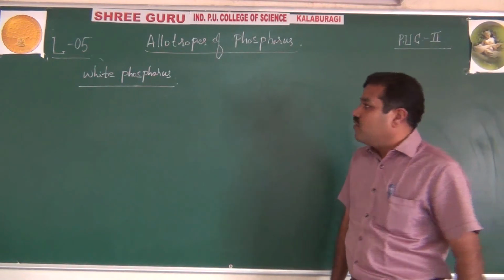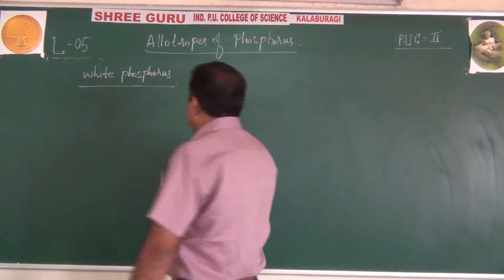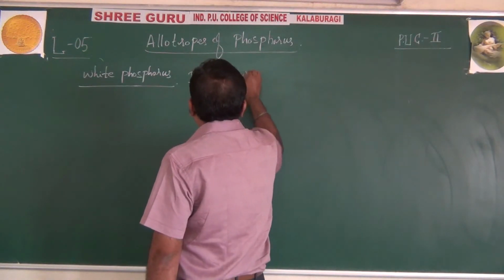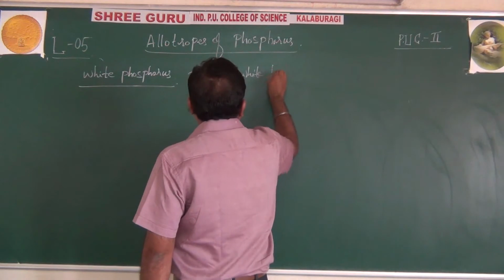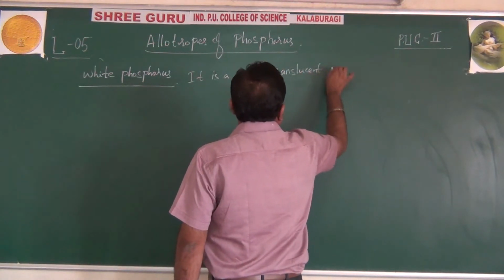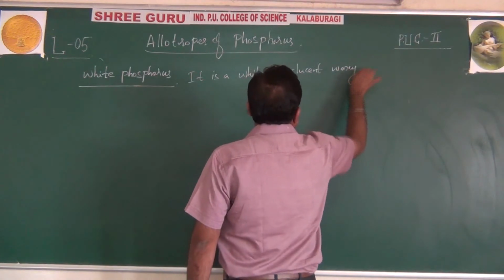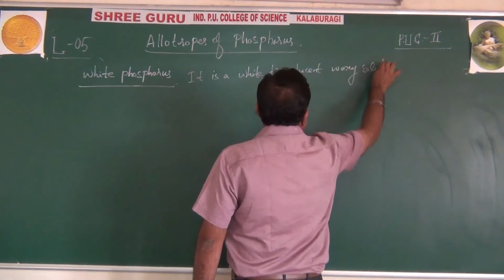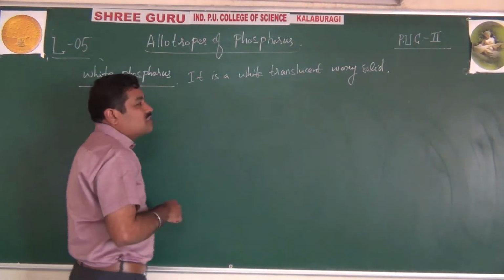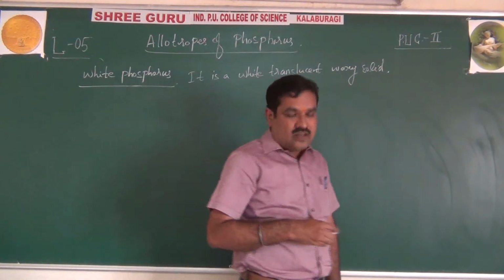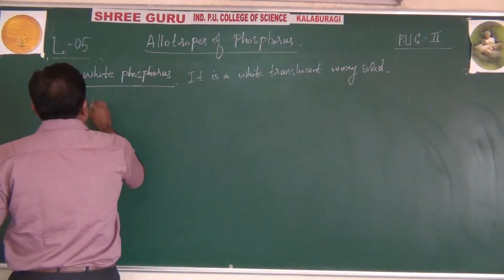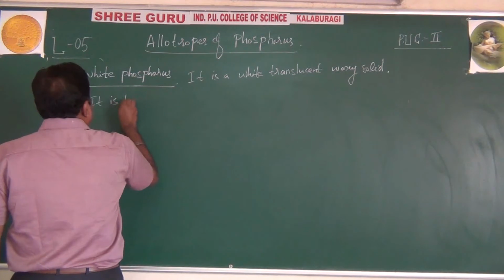White phosphorus is a white translucent waxy solid. When we see it physically, it appears like a white translucent waxy solid.